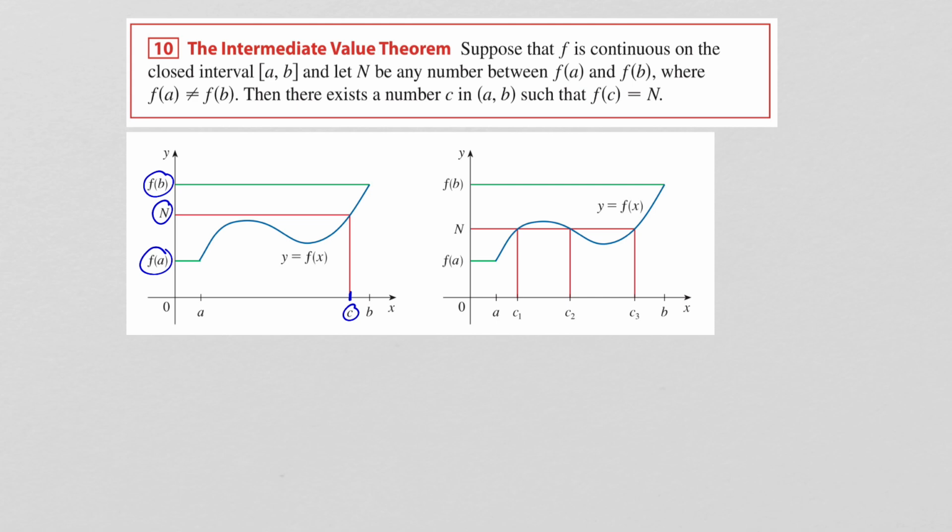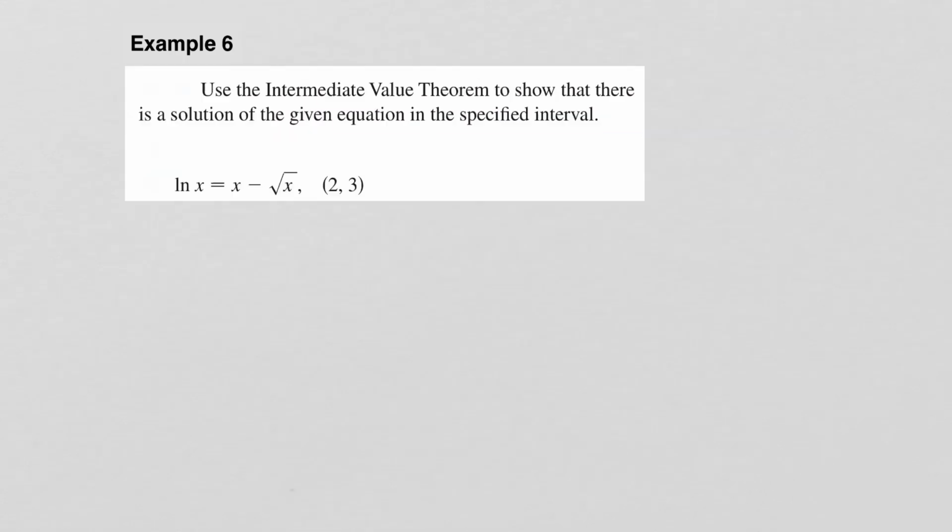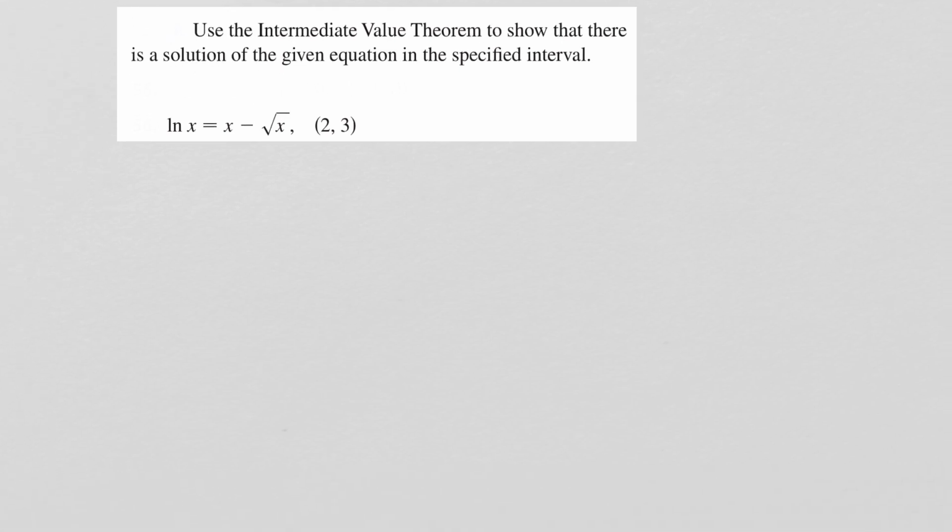Let's do an example using this theorem. Here we want to use the intermediate value theorem to show that there is a solution of the given equation on the specified interval. First of all, let's take this equation and play around with it just a little bit. We have the natural log of x is equal to x minus the square root of x.